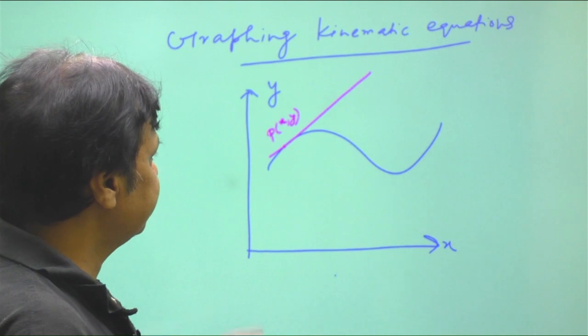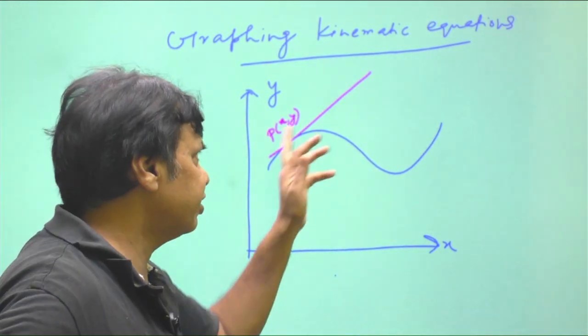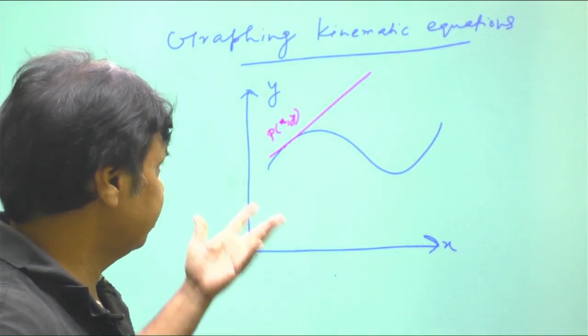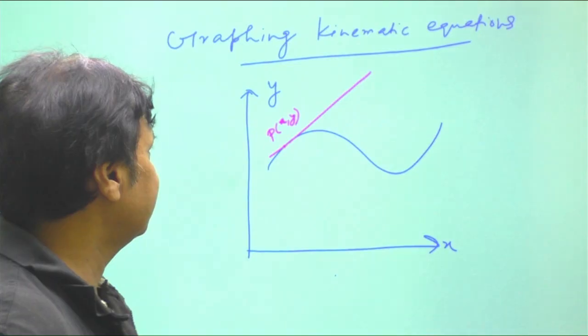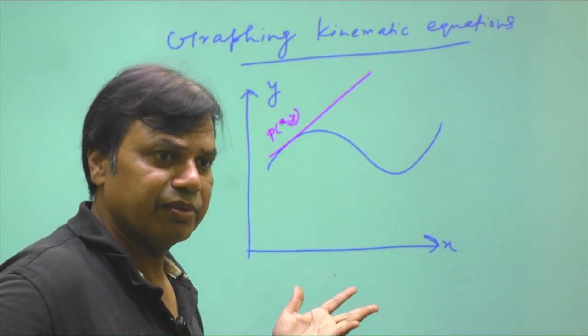It is also called velocity in physics. This tangent line is called velocity in physics as well. What is the reason behind calling it velocity?